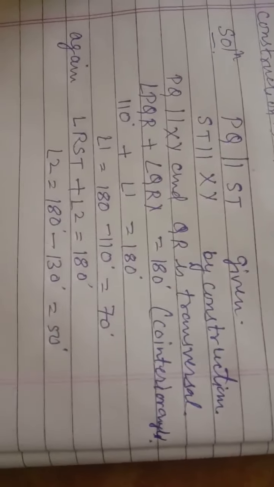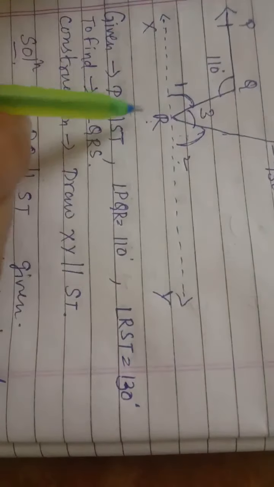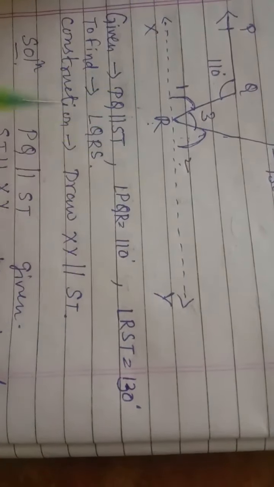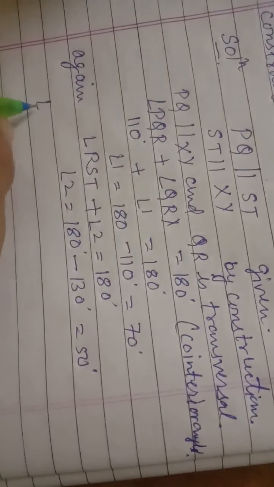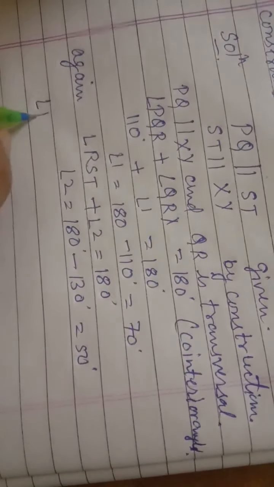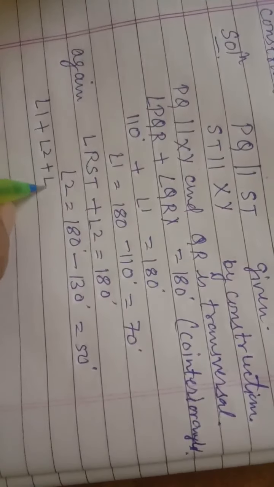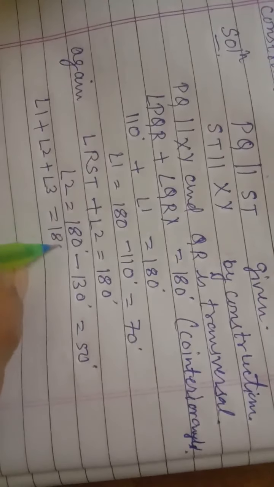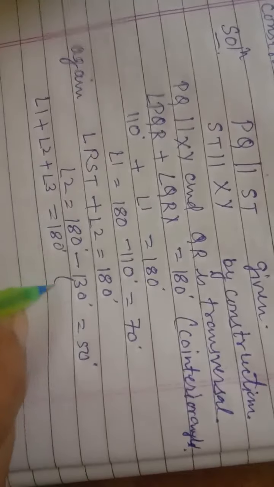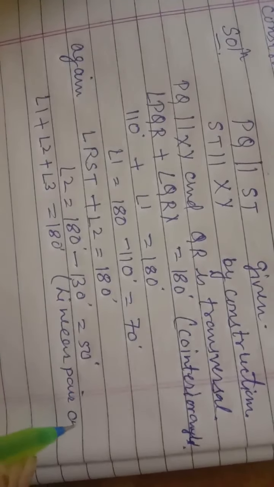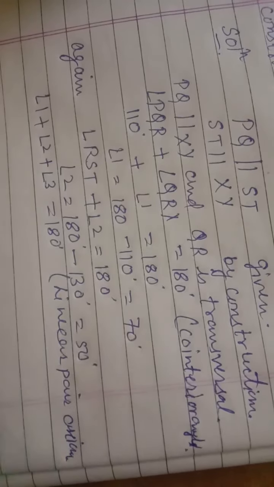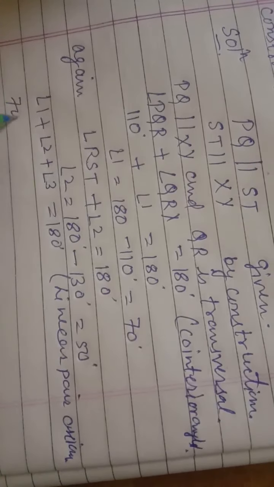Now from the figure you can see that angle 1, 2 and 3 are forming a linear pair. So by the linear pair axiom we can find this angle. Angle 1 plus angle 2 plus angle 3 is equal to 180 degrees. Now we know the value of angle 1, it is 70 degrees.